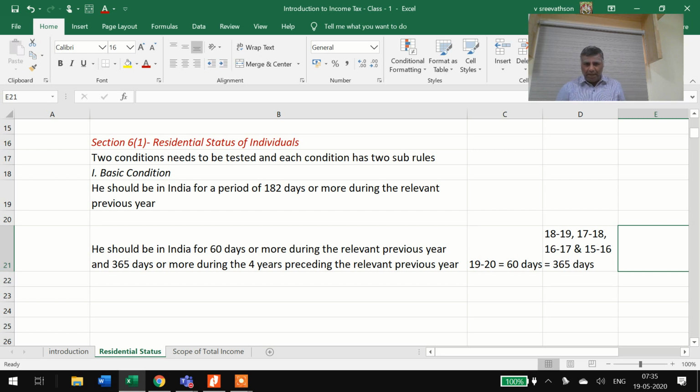He should be in India for 60 days or more during the relevant previous year and 365 days or more during the 4 years preceding the relevant previous year.